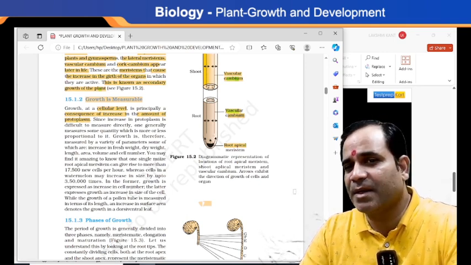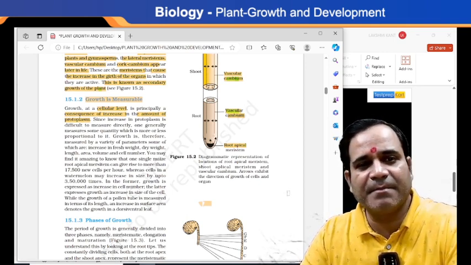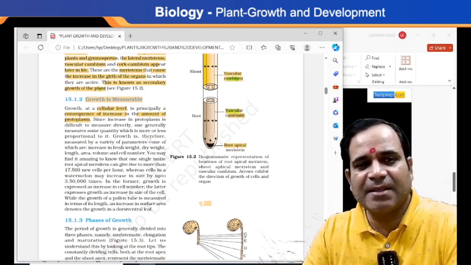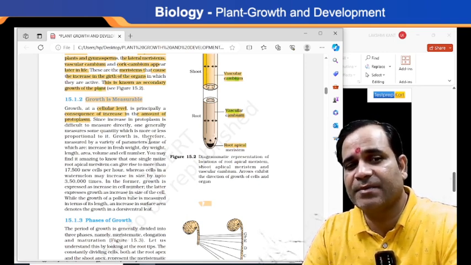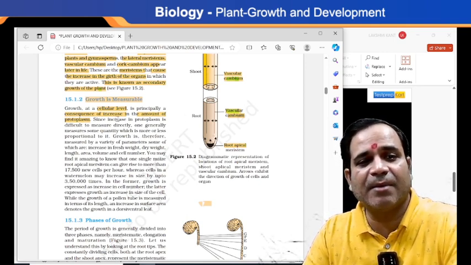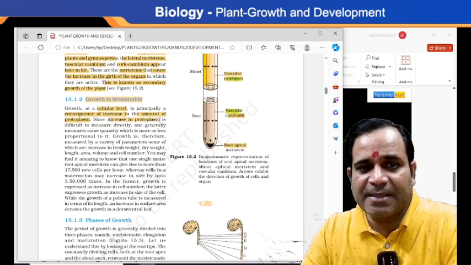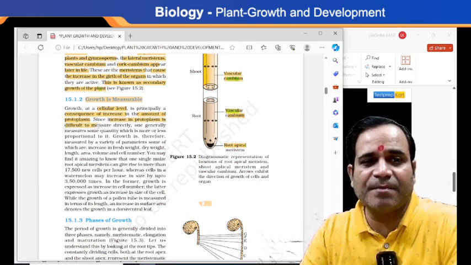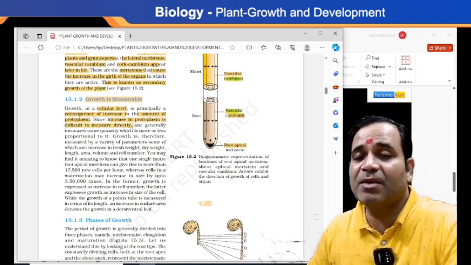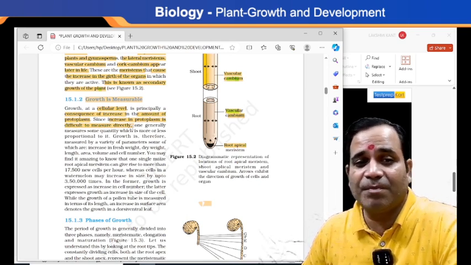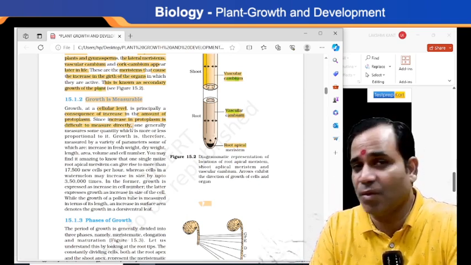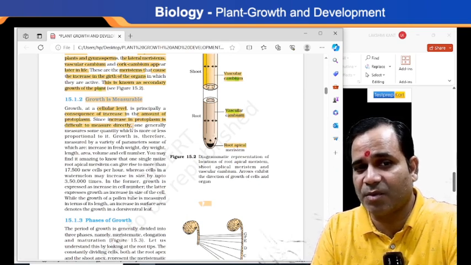Growth is measurable. At the cellular level, growth is principally a consequence of an increase in the amount of protoplasm. Since increase in protoplasm is difficult to measure directly, is it easy to measure? No, my dear, it is not easy to measure the protoplasm directly.